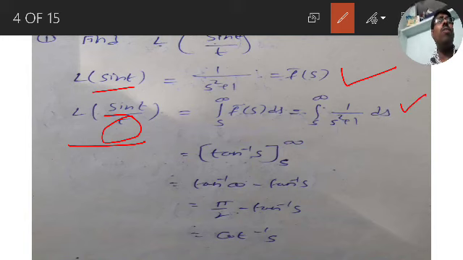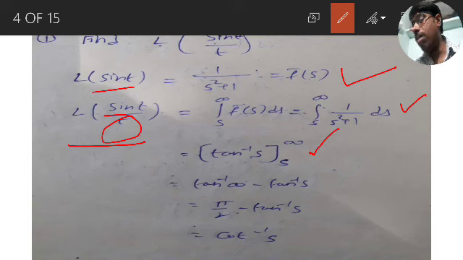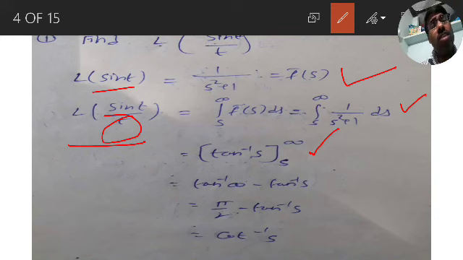Integration of 1 by 1 plus x square is tan inverse x. In this case, it is tan inverse s from s to infinity. Upper limit minus lower limit: tan inverse of infinity minus tan inverse of s.